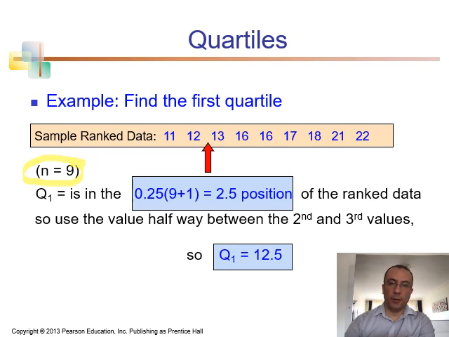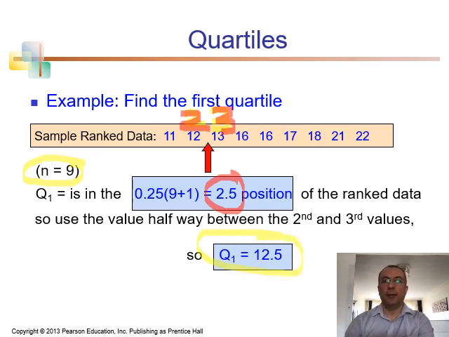So let's look at number 2 and number 3. They are here. But we're looking for 2.5. Since we're looking for 2.5, that is between 2 and 3. So it's the middle of these observations. 12 plus 13 over 2 is equal to 12.5. That is the Q1.